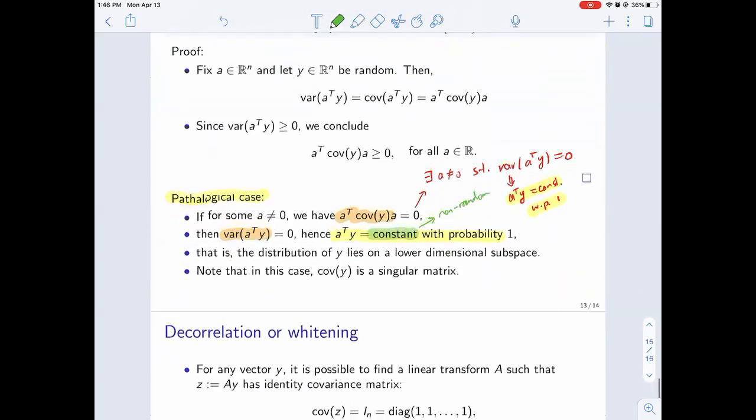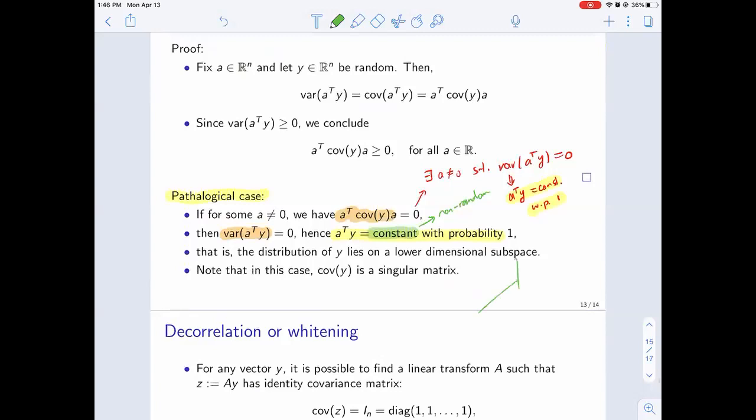For example, if you're working with R^3, this lemma is saying that there exists some plane or some subspace, that could be a line, such that Y lies entirely on this line.